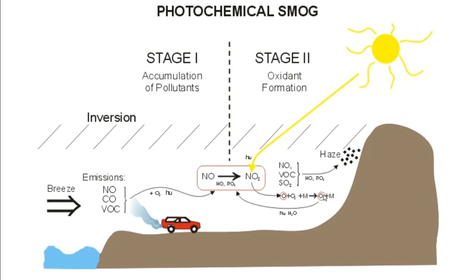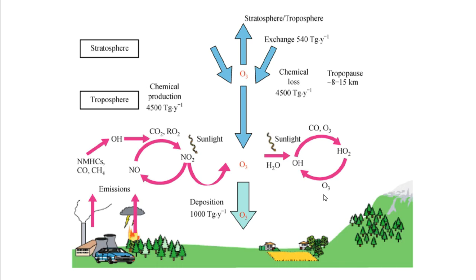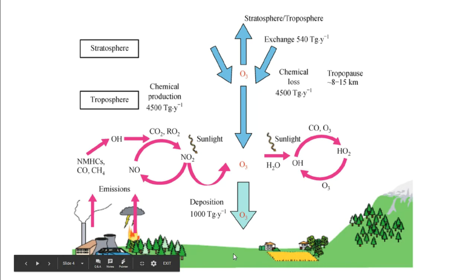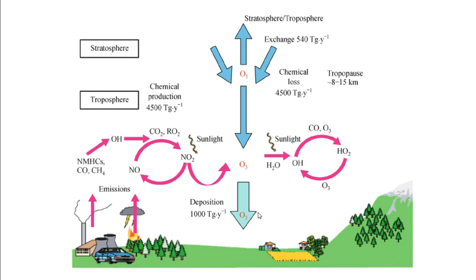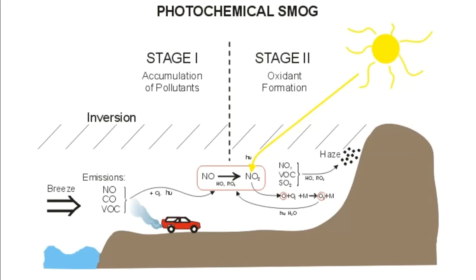And then that ozone does a couple of things. It can be deposited on plant surfaces and in the ground. It can go up into the upper troposphere, and it moves around. It gets cycled around within the troposphere, but below the inversion layer, as looked at in this screen, and that's what's creating your photochemical haze.